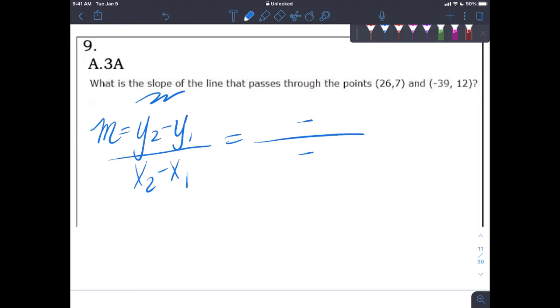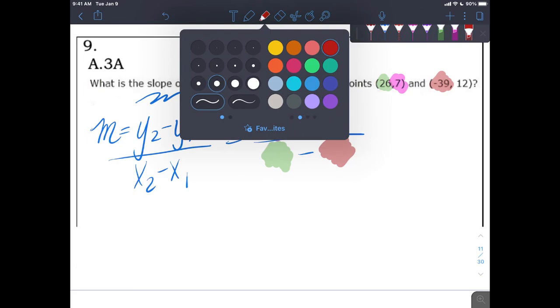All right, let's go ahead and get these values plugged in. So first thing I'm going to do is take a look at my numbers. I'm going to try and select my bigger numbers to be my 2s. So I see here this 26 is pretty large, so I'll put that as my x2. And its associated y is my y2. And I'll go ahead and fill in these other guys as well.